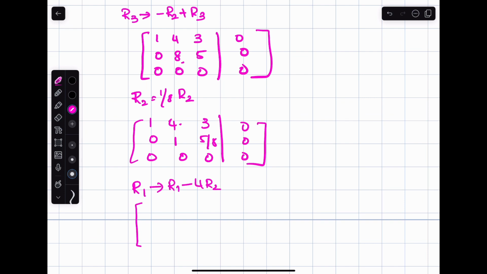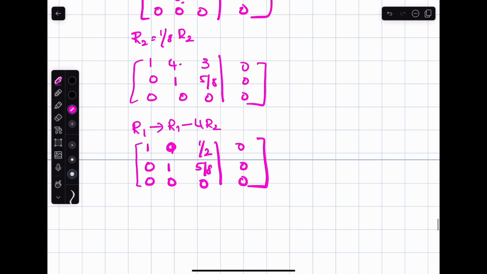So the first row becomes 1 0 and one half, 0. The second row is 0 1 5 by 8 0, and the third row is all zeros. I hope this is already in reduced form, so I need not reduce it further, and now I will write the equation.